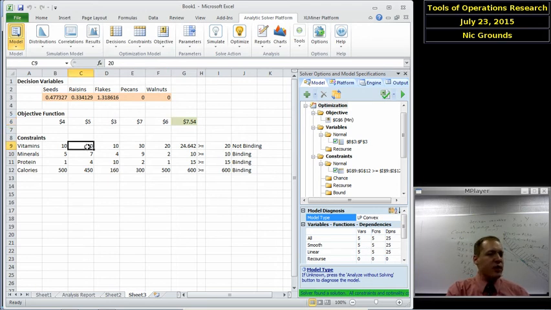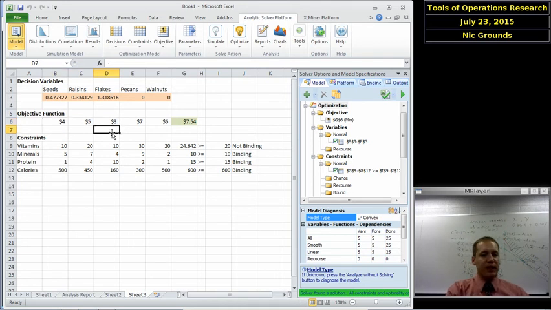You can get the same 20 grams of vitamins for only $5 by using raisins, right? Intuitively, that's why the solution for optimizing a minimal cost said don't bother with pecans and walnuts, right? Because they're too expensive. You can get the same nutritional requirements to be met by using cheap ingredients, just using a little more of them, maybe.